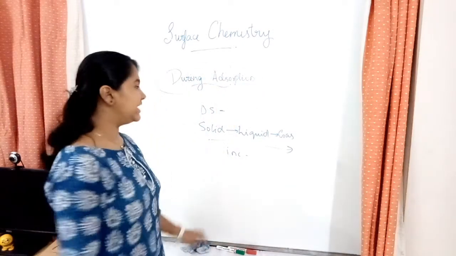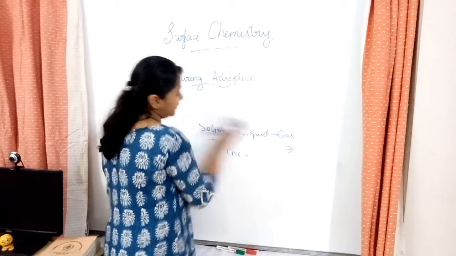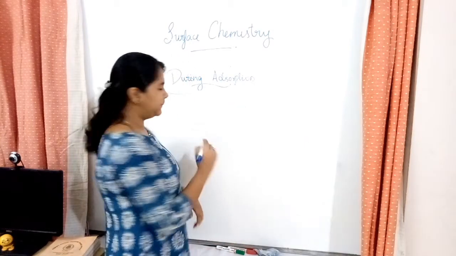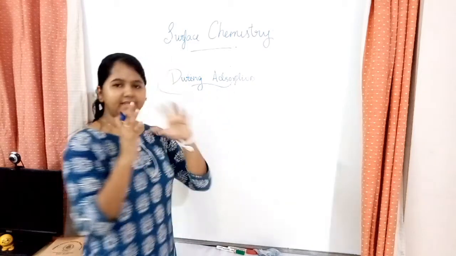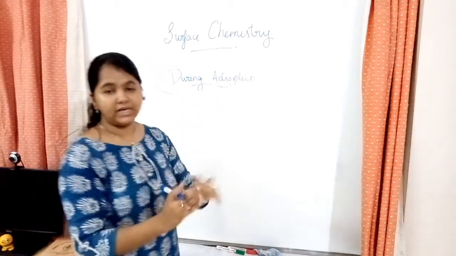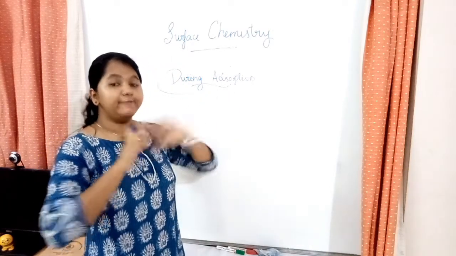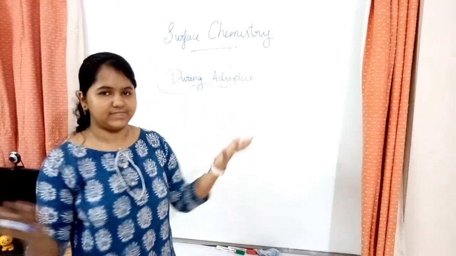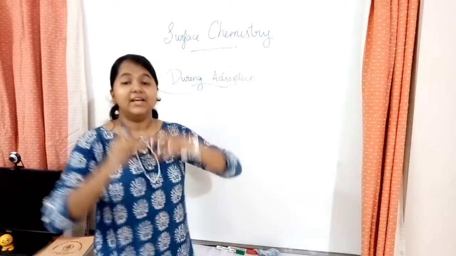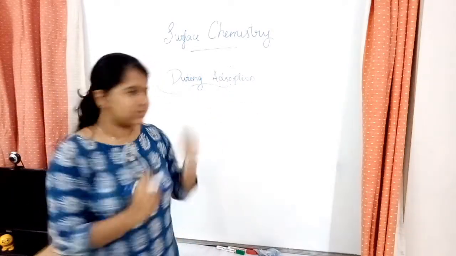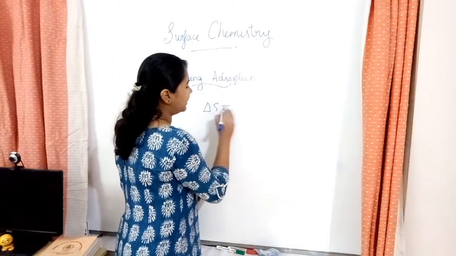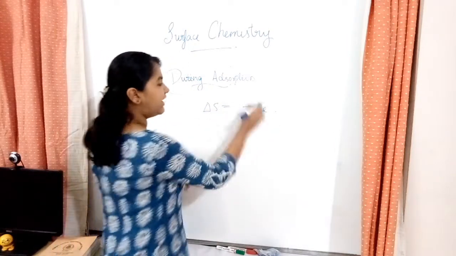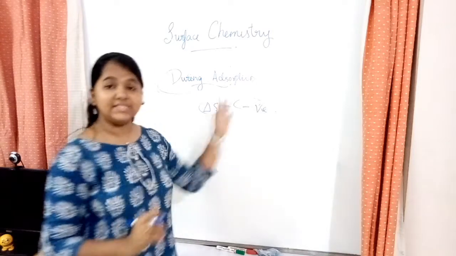Usually adsorption takes place between solids and gases, or solids and liquids. So when a gas has been adsorbed by the solid, the movement or the freedom, delta S is the degree of freedom, what you say. That's not the actual term, but as the freedom decreases, what happens? Delta S value becomes negative. So now we know delta S value is also negative when adsorption takes place.